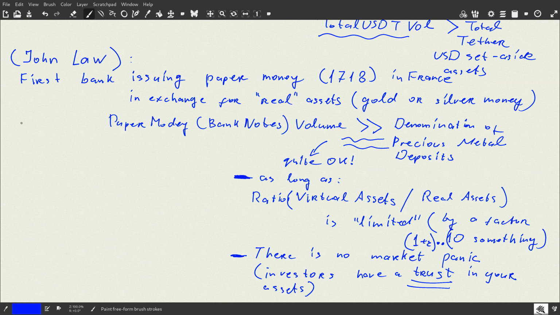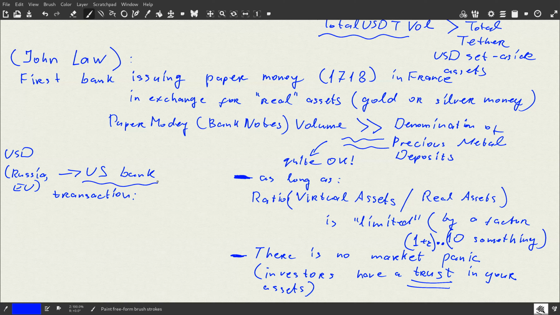Because if you send funds, for example from Europe to the United States, or from Russia to the United States, in USD, let's say from Russia or the European Union to a US bank transaction, because a US bank is involved, the mechanisms and the standards of how you do it are largely determined by the US payment architecture.